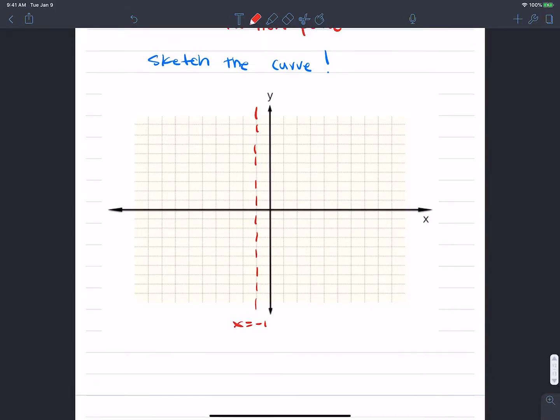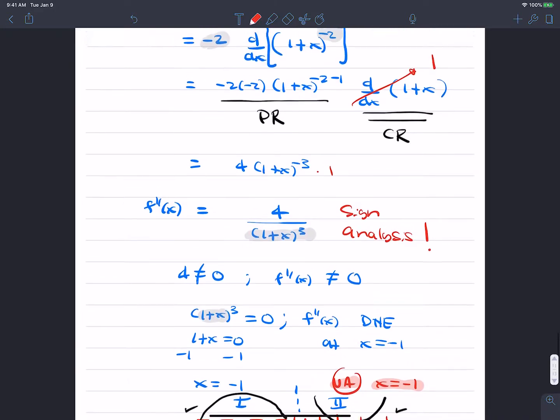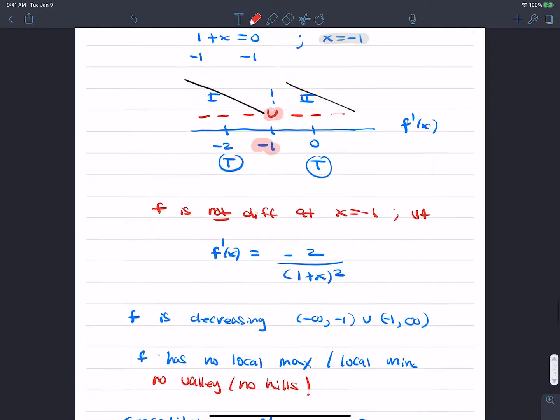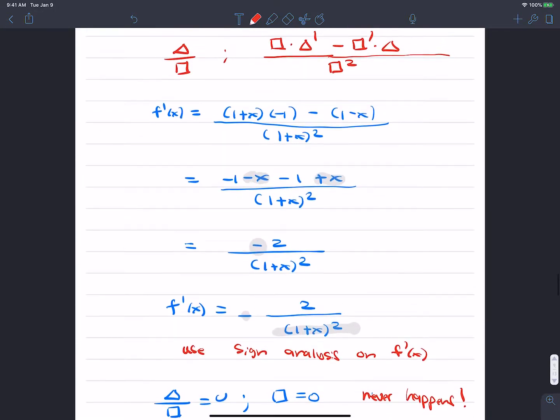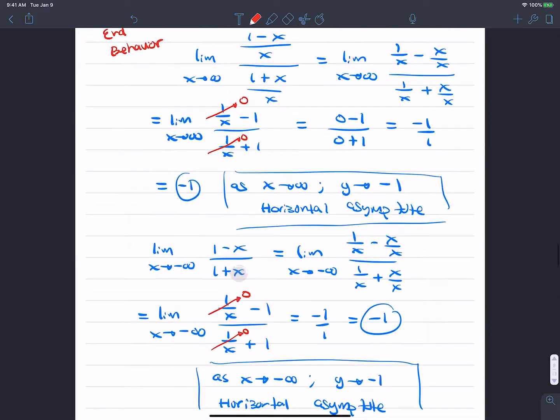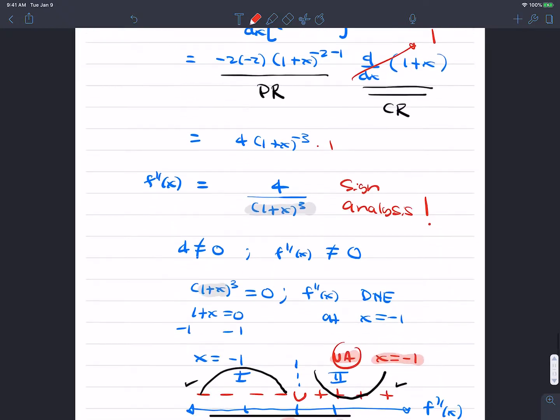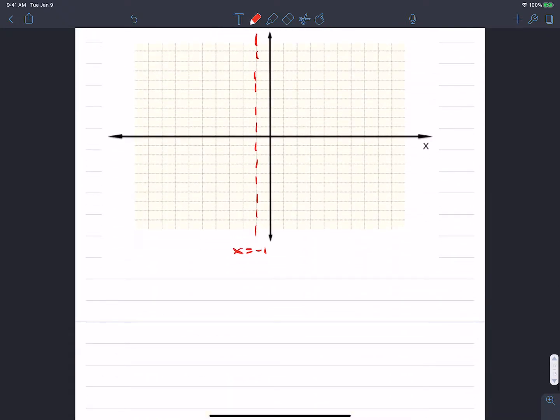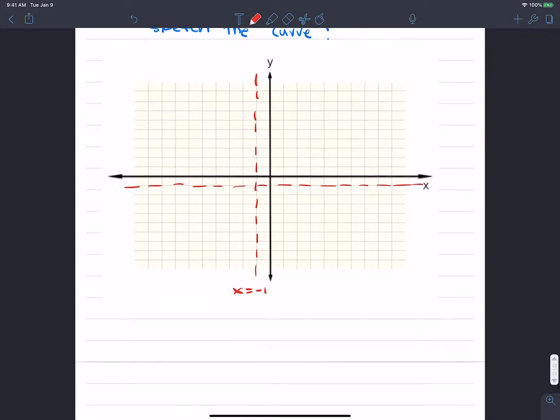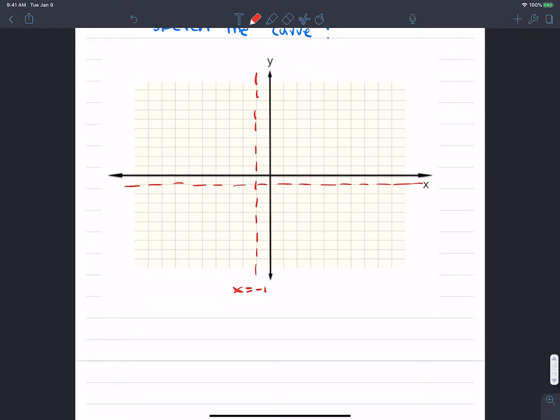I think we have a horizontal asymptote as well. Where is this? Is it +1 or -1? Got to go all the way back. Where is our vertical? Oh, at -1 as well. So y is -1, which is a horizontal line. Yeah, you have these asymptotes. Okay, you guys okay with that?